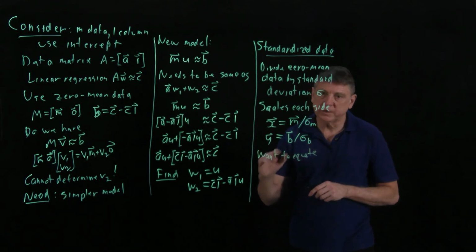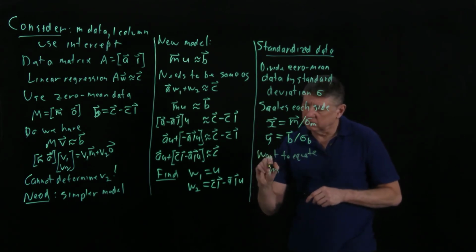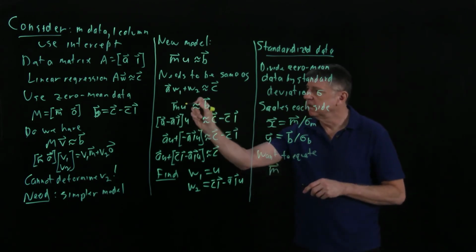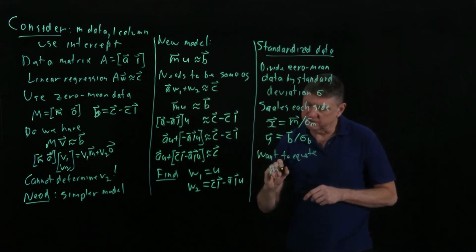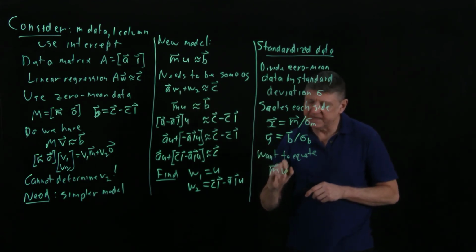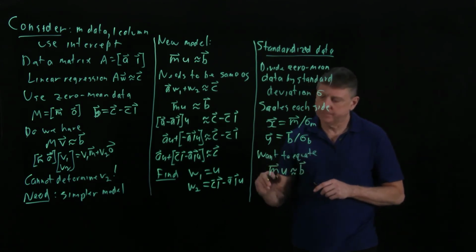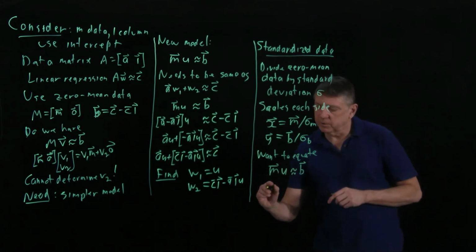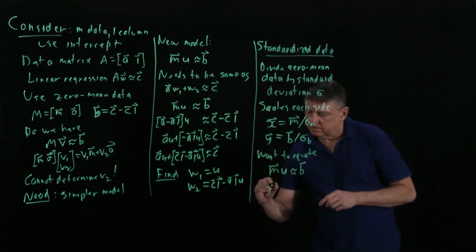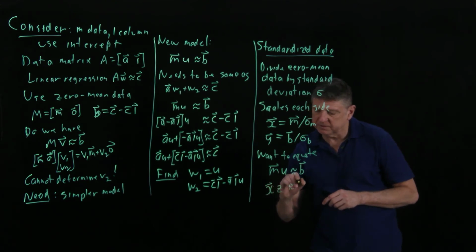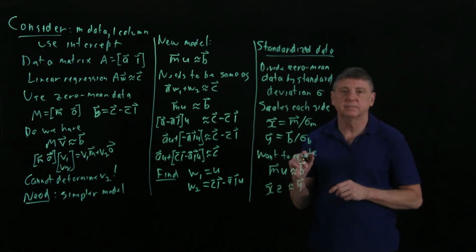And the setup is that we want to equate our regression on the zero mean data, the zero mean data times u is approximately the zero mean dependent data. And now we want to equate that with x, let's use the symbol z, is approximately the standardized form of the dependent data.